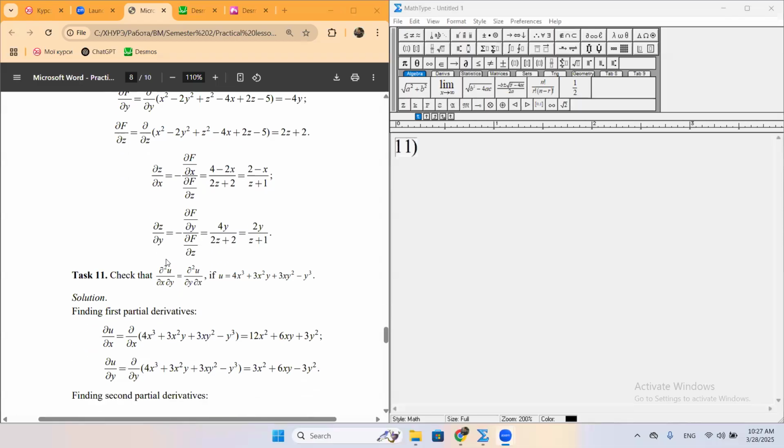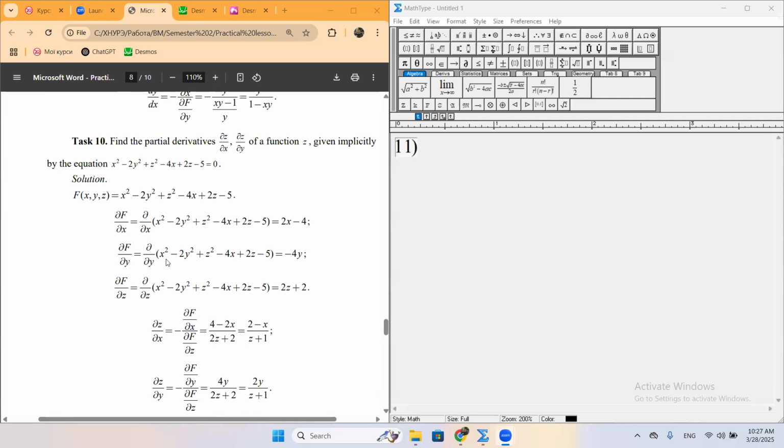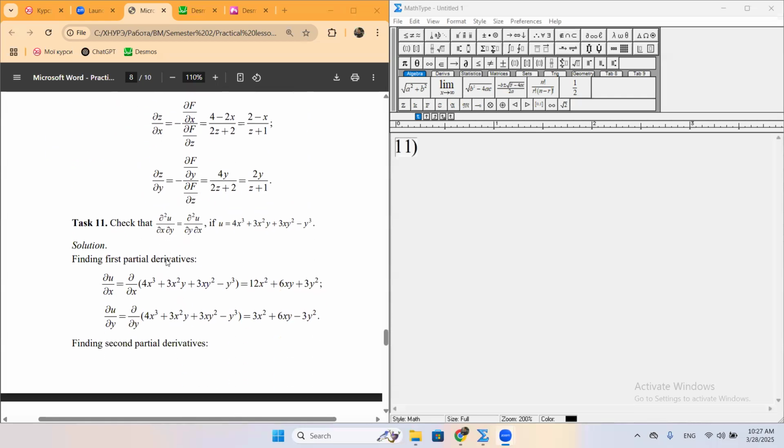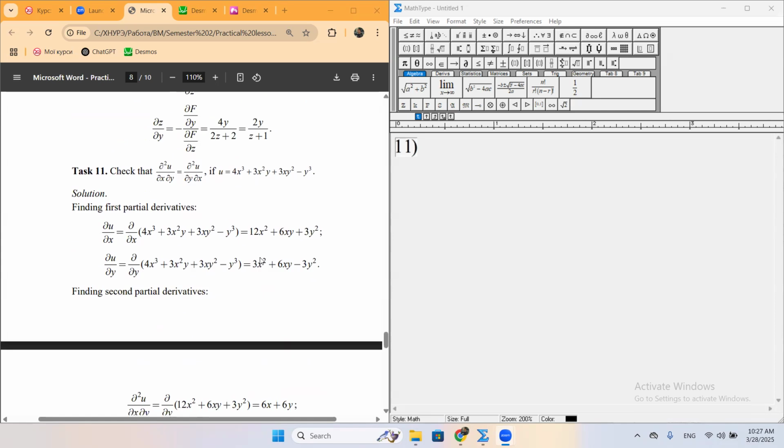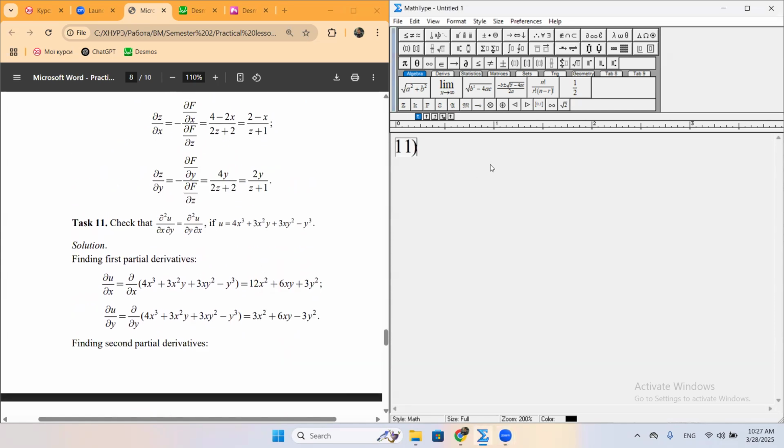Let's continue. So now we will find higher derivatives of functions of several variables, and now we need to verify that the mixed derivatives, first by dx and by dy, equal d2u by dy dx.